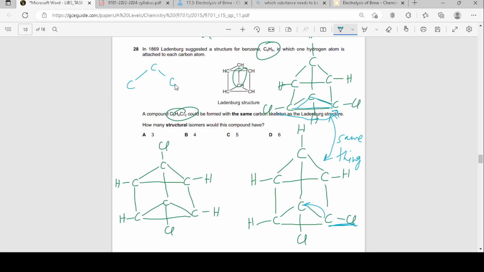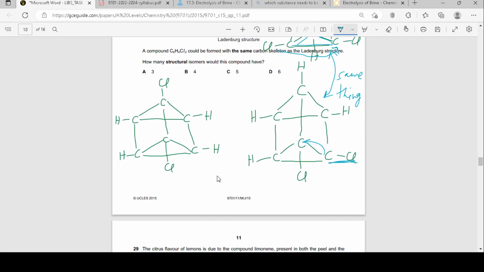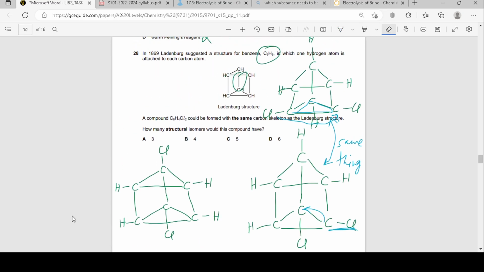So C, C, C. C, C. Okay, this is getting really messy. I'll make one below. How about that? C, C, C, C, C, C. Okay, now that's not enough space. I need to find some space to do this as well. That's a problem. I'll just do it here, in fact. Perhaps that's better. C, C, C, and C, C, C. Okay. I hope that's not too messy, but it's still okay.